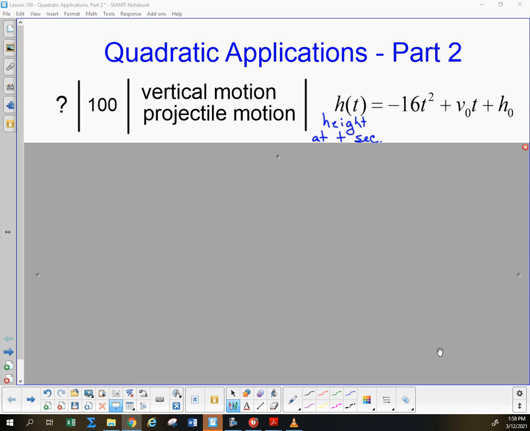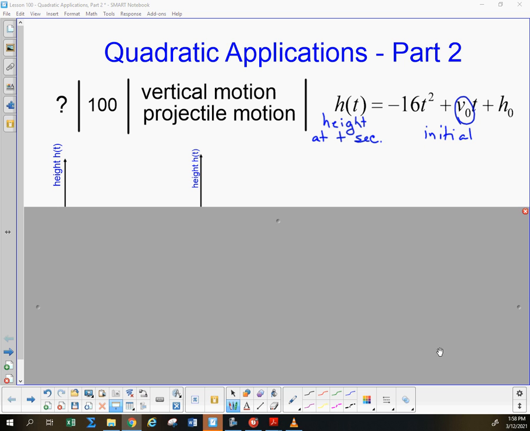T squared plus v naught, that is a single variable, just like we've seen subscripted variables in many of our other problems. That means initial velocity. Velocity is basically speed, and initial means at time 0.